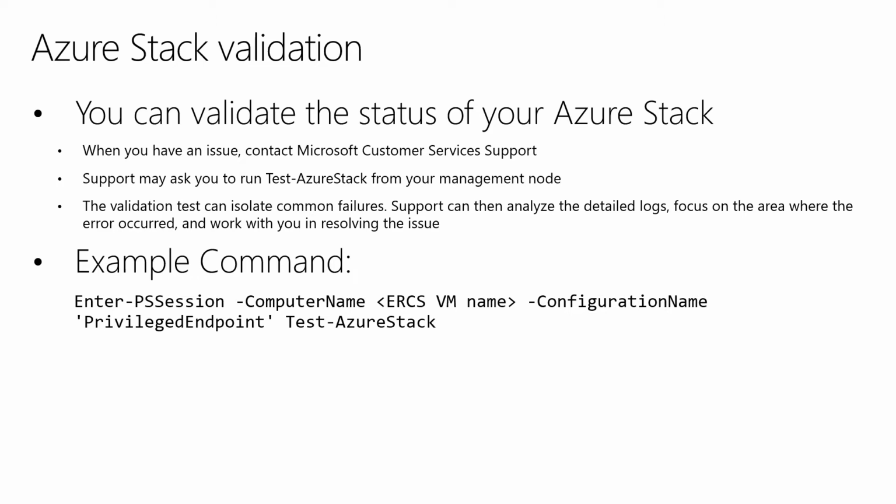Test-AzureStack, we'll see it on one of the next slides, will test a lot of real world scenarios to make sure that your Azure Stack is fully functional. So here's an example. We connect to our privileged endpoint using Enter-PSSession before we run Test-AzureStack.